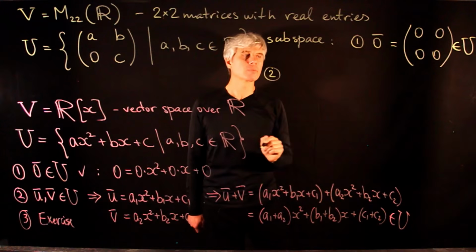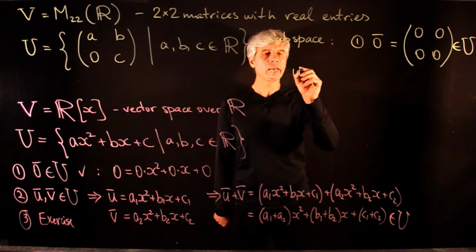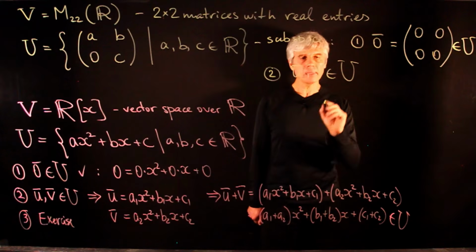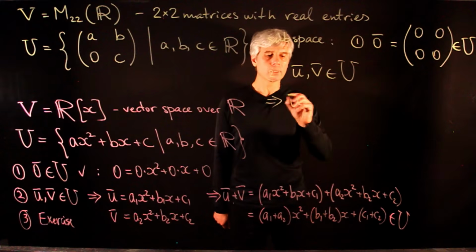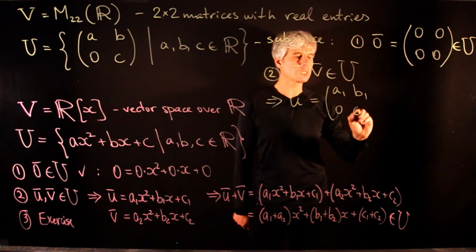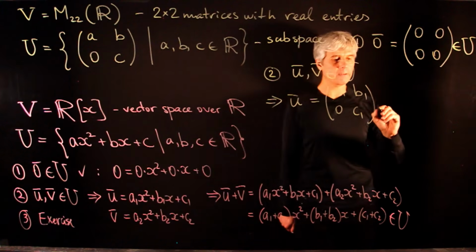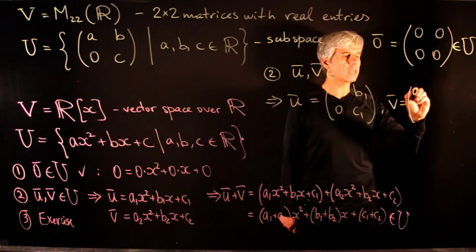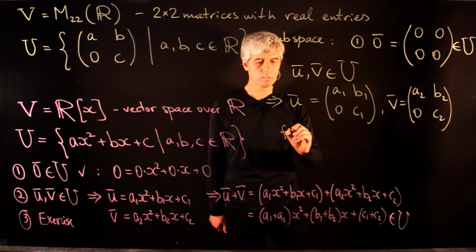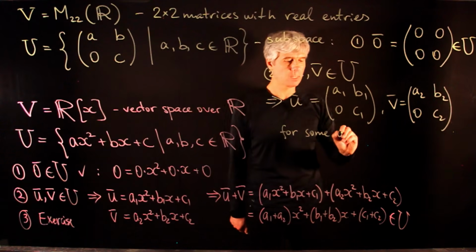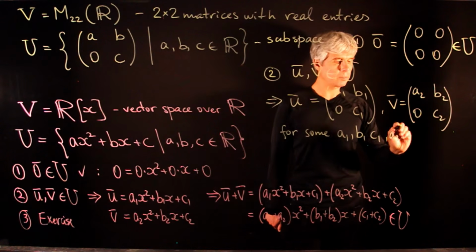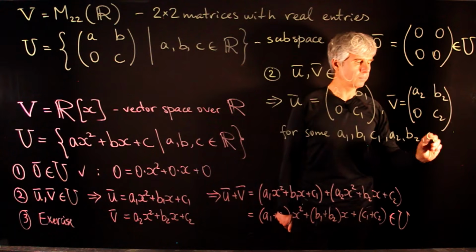The second property: if we take u and v, two vectors in this subset, then u may be written as A1, B1, 0, C1, and v can be written as A2, B2, 0, C2, for some A1, B1, C1, A2, B2, and C2.